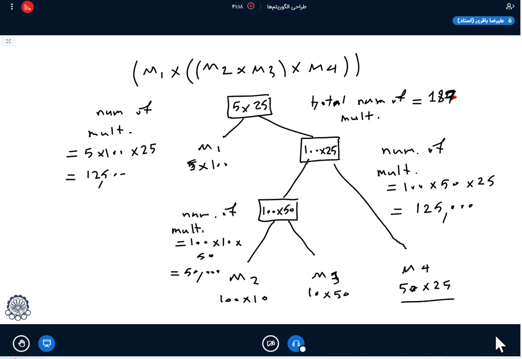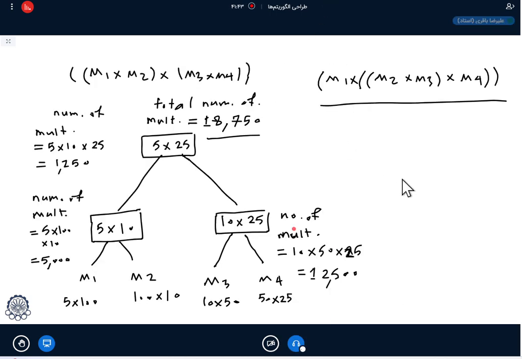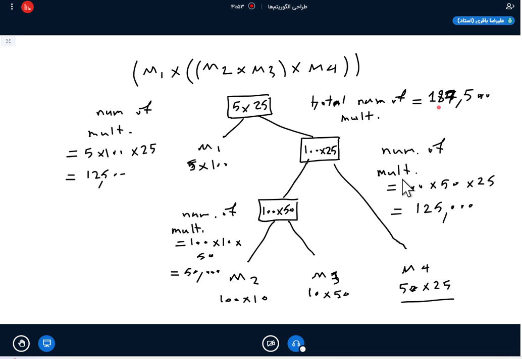Will be this, 187,500. Okay. Compare with 18,750, but here it is 10 times bigger than the previous one.